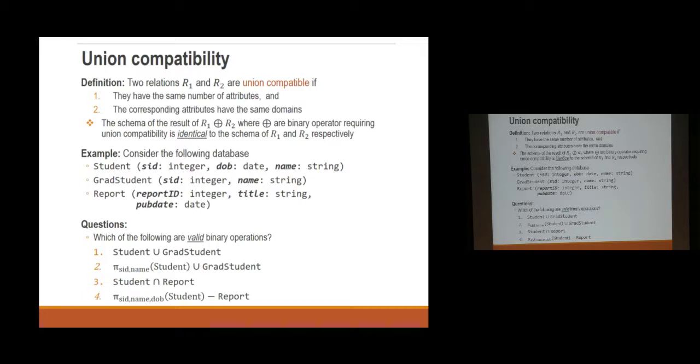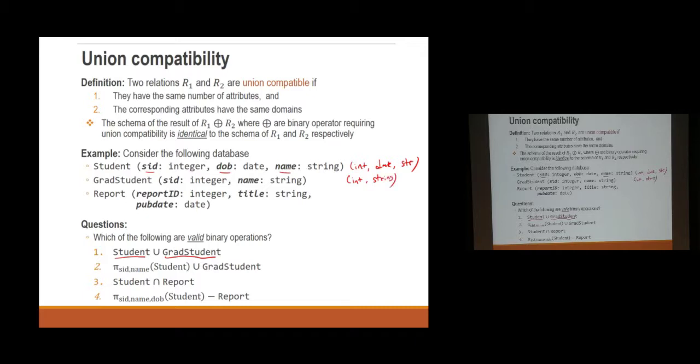Okay, so you look at this. Students and grad students. Even though they look similar, students contains three attributes. Or the way you look at it is just look at the types. You have int, date, string. For the grad student, what you have is int and string.